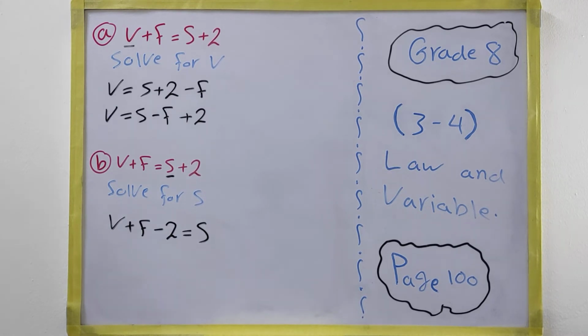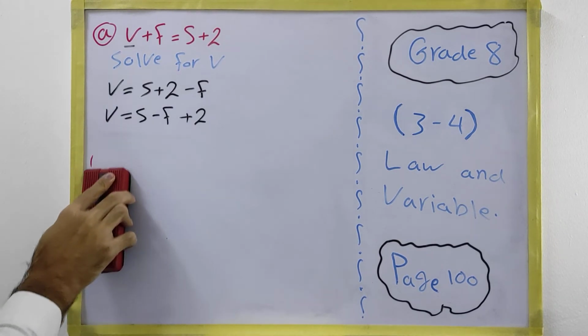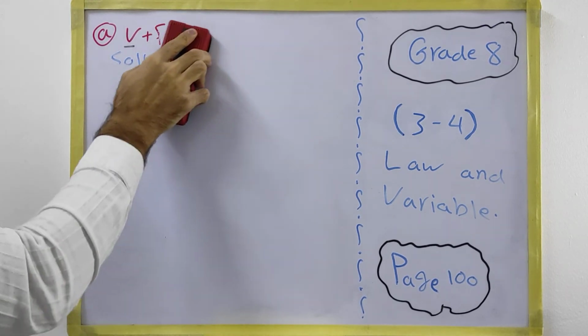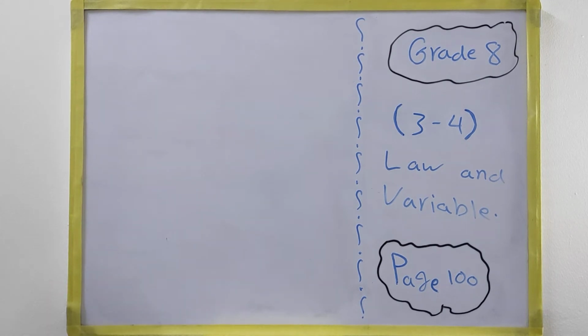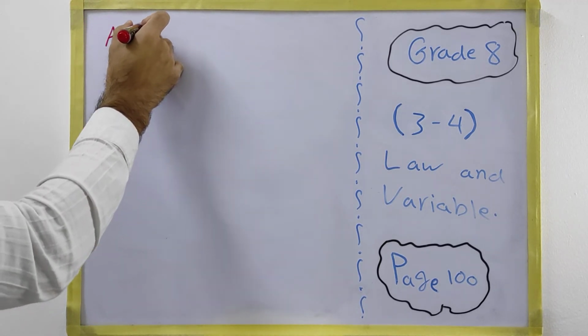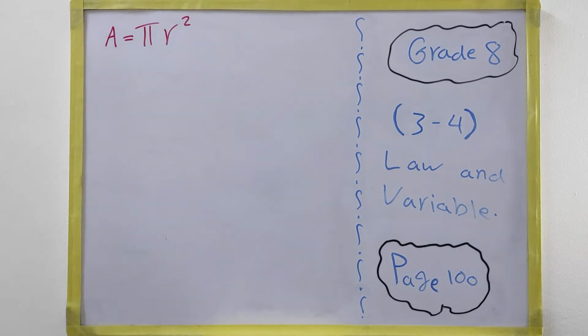the law and variables whenever we have an equation with more than one variable. Then if you solve some other questions, let's see how we do. When it asks us to solve for something, one of them, a equals pi r power 2.